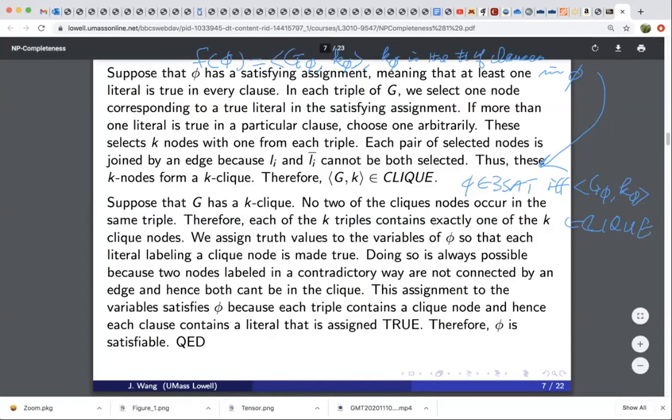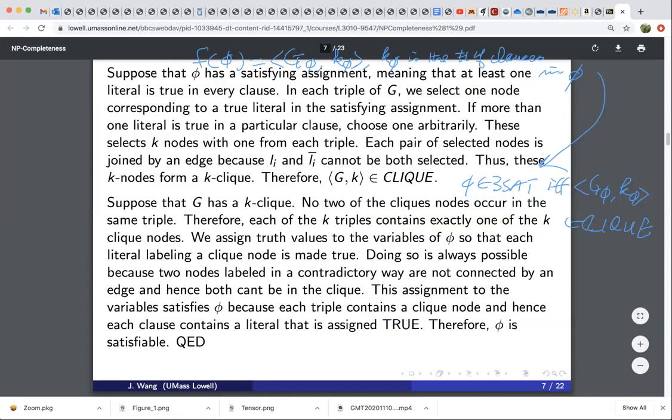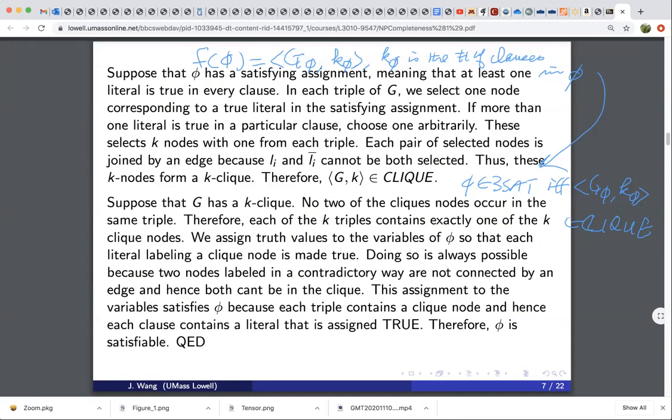All right, so because it is if and only if, that means we have two directions we need to do. So let's do the first direction, suppose that phi is in 3SAT. That means that it has a satisfying truth assignment. So that means that at least one literal is true in every clause.